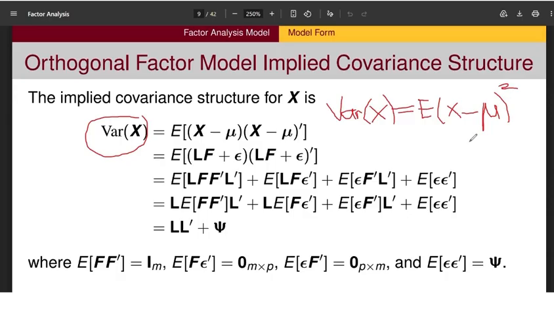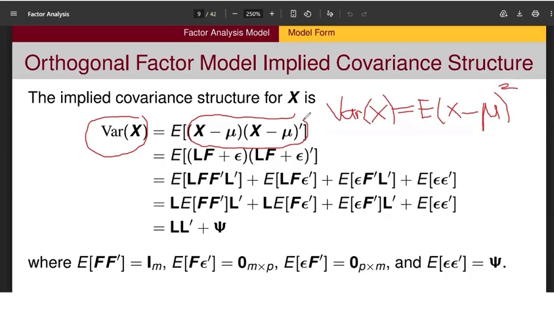If I have just a single variable, the variance of X is the expected value of X minus mu, all squared. But if I am talking about multivariate, instead of having X minus mu squared, I'm going to do this. You see that? That represents the expected value of X minus mu, all squared.